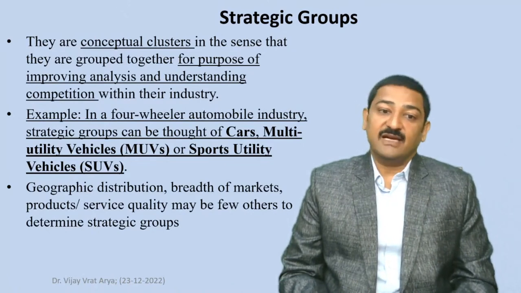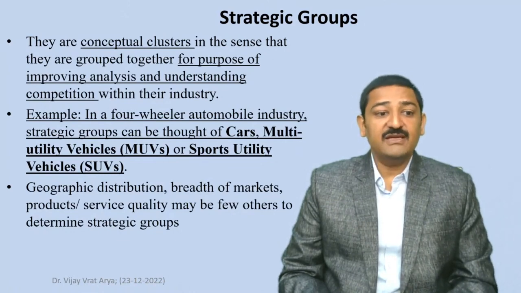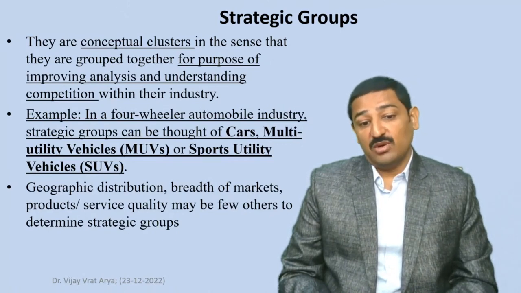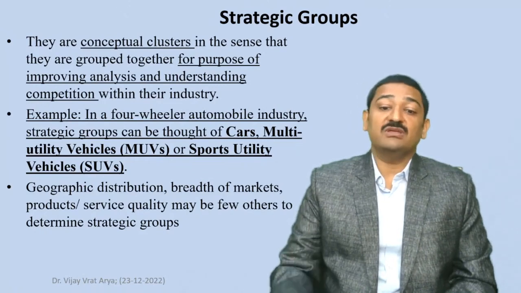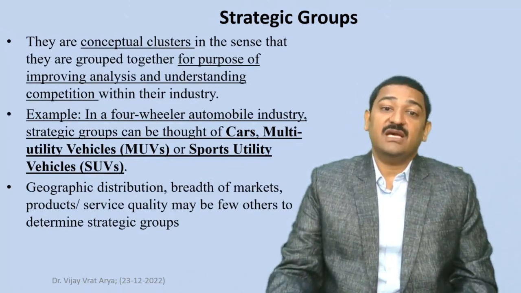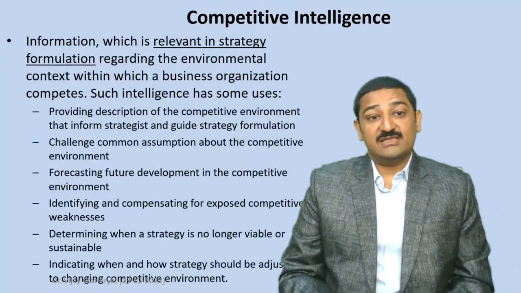There are certain other criteria based on which the strategic groups can be formed in an industry, like geographic distribution, breadth of markets, products or service, quality, which may be a few others to determine strategic groups from the perspective of the analysis. We also have the competitive intelligence.